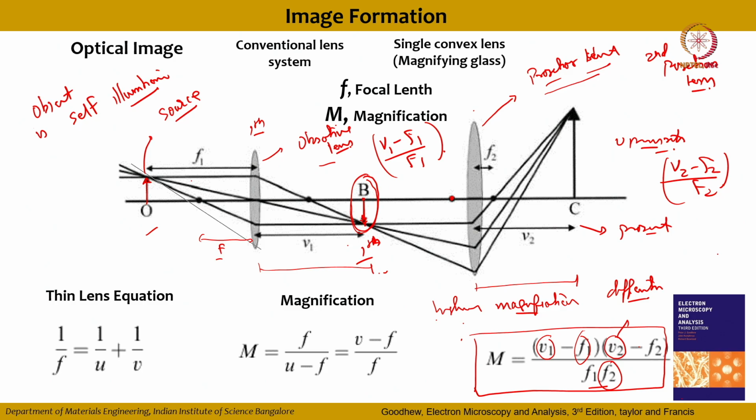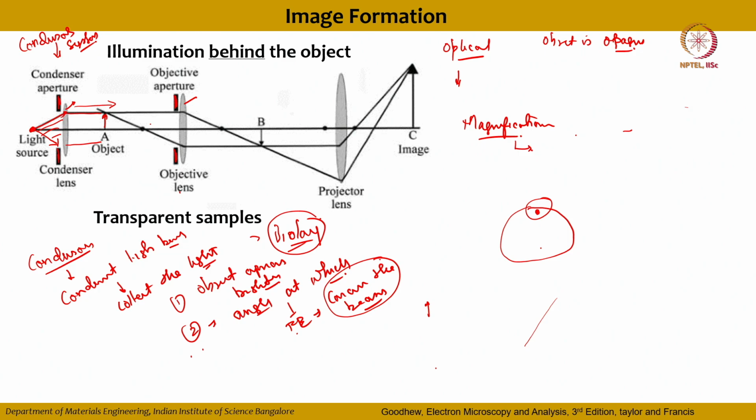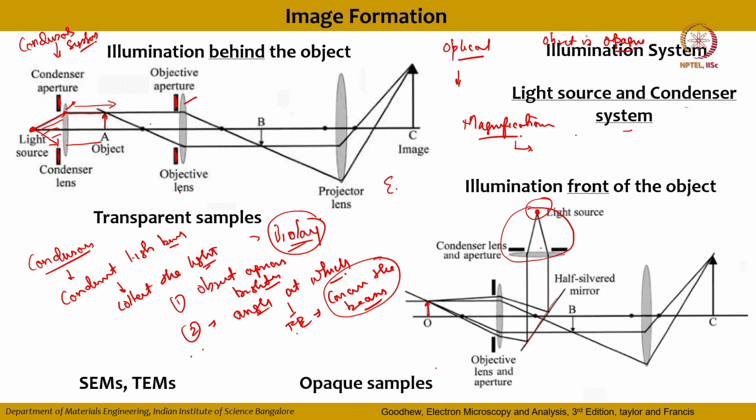So you can vary the focal points F1 and F2 by changing your objective lens to one of different focal point. Okay, but in electron microscopes, you don't have to change; this problem will not be there. So this parameter can be adjusted. Okay.